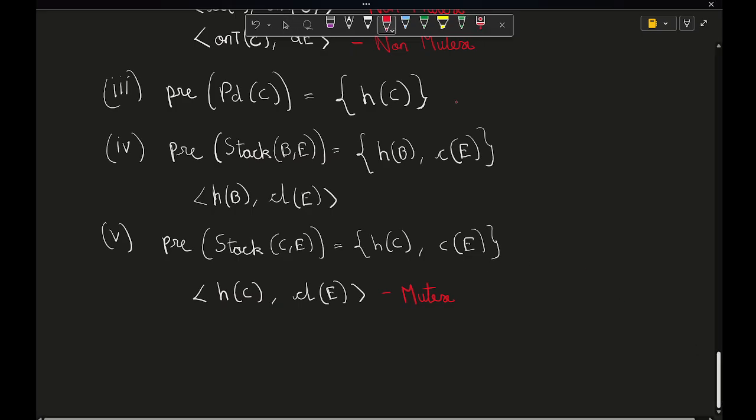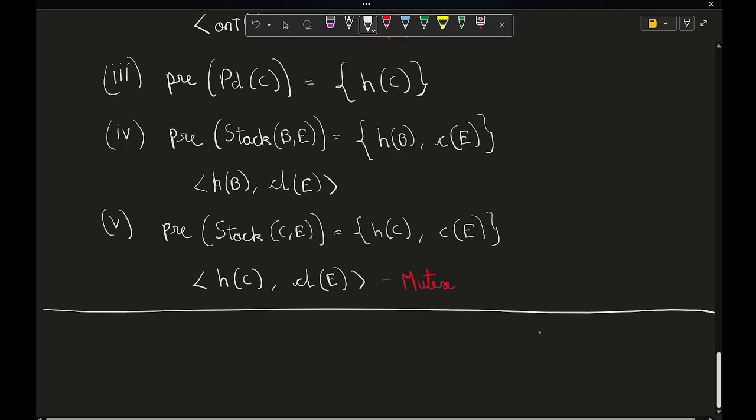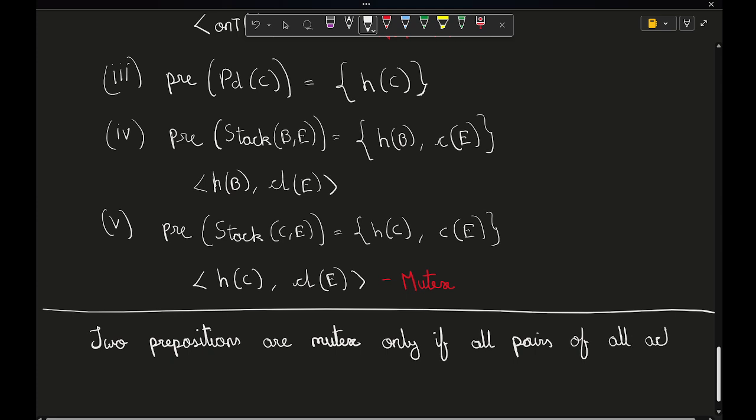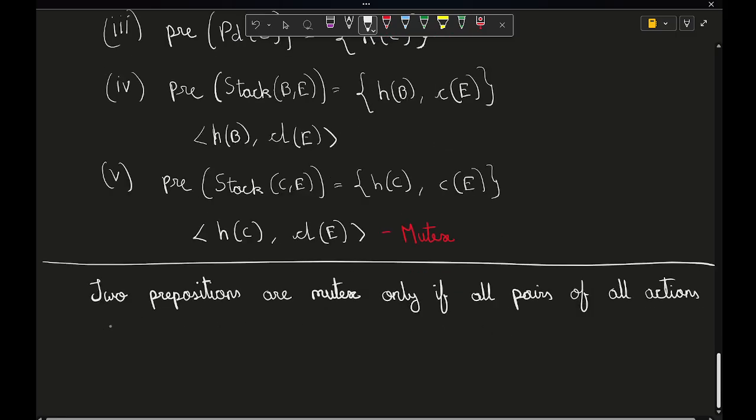Okay. So I'll just make a note down here. Two propositions are mutex only if all pairs of all actions adding them to the layer, that they should be positive effects of these actions, right?